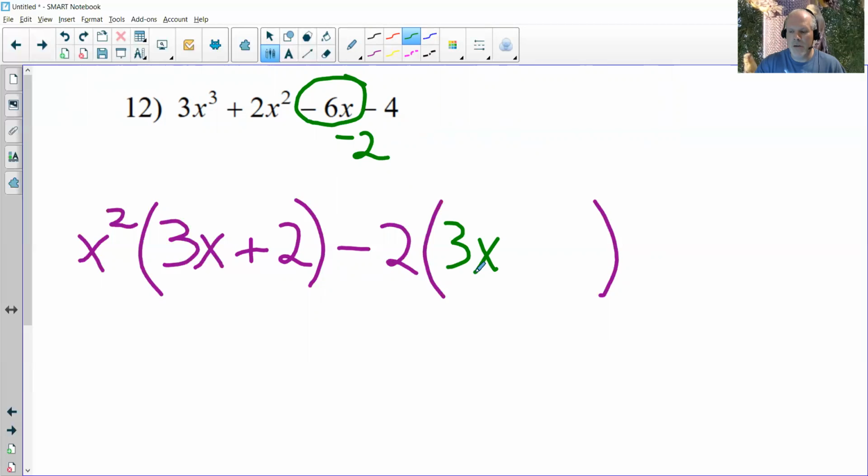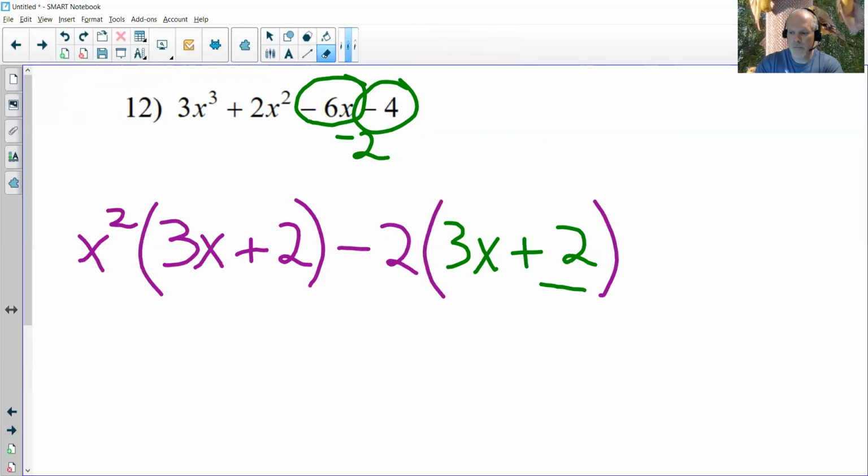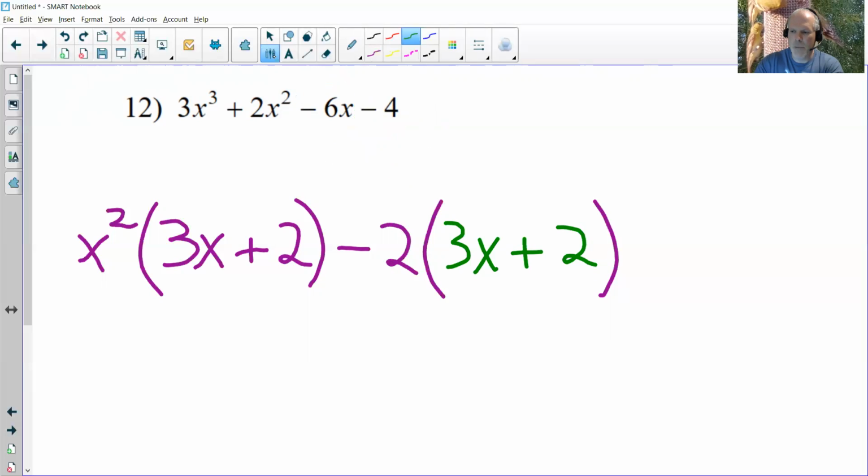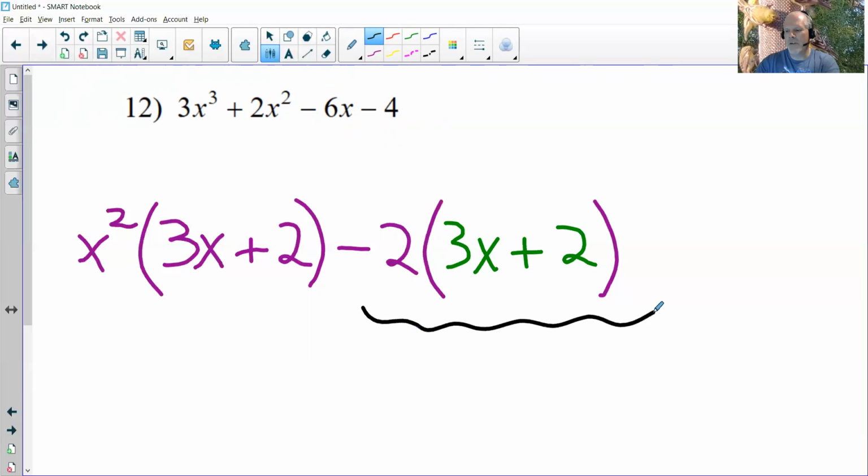Now we need to know -2 times what equals -4. And that is +2. And you can check all of this just by multiplying it out. So this part here, if you distribute that, you will get this, -6x -4.